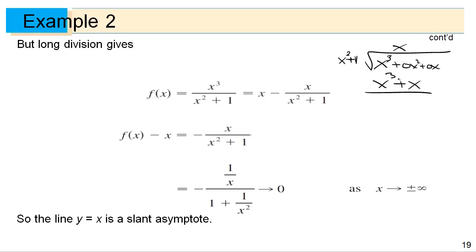You subtract, these go away, and you get negative x. x squared can't go into negative x. So this thing can't divide into that. So this ends up being your remainder. So when you take x cubed and divide by x squared plus 1, you get x plus the remainder, which is negative x over the original divisor. So you have this much left over, but that much is still being divided by x squared plus 1, and that's where this second piece comes from.